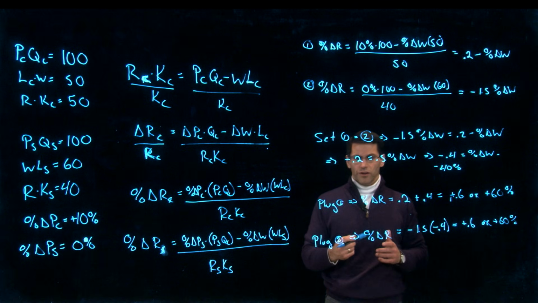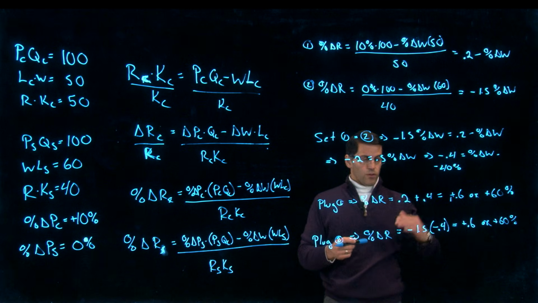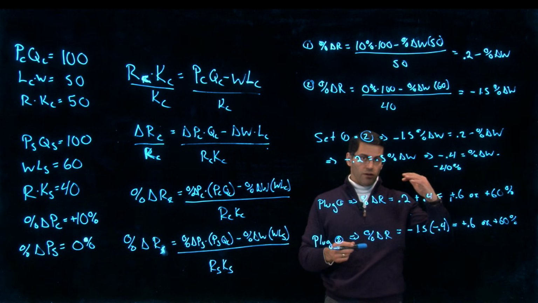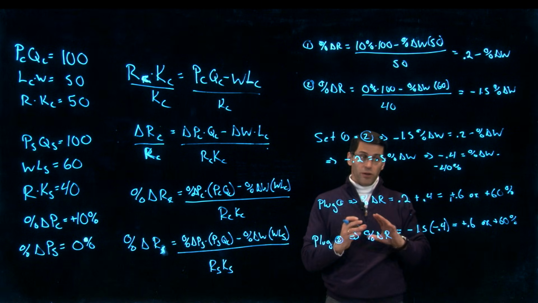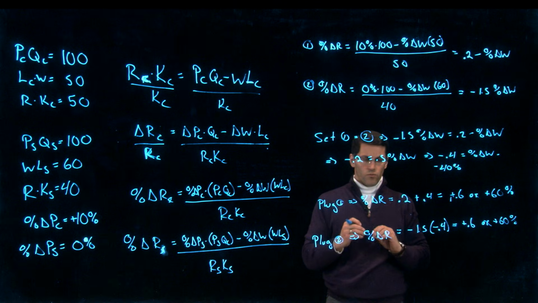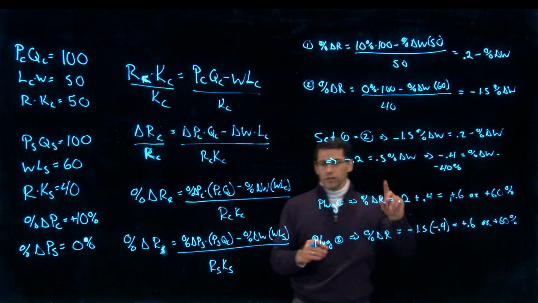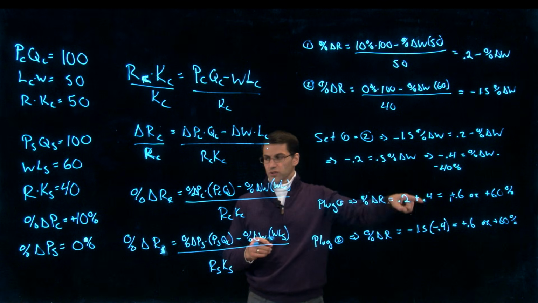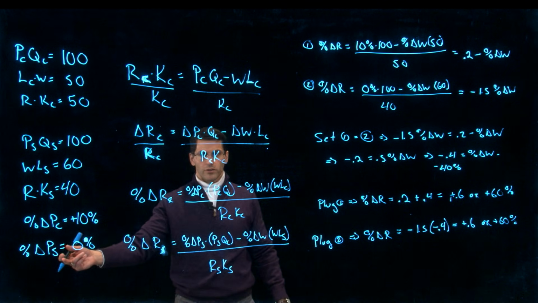So what are we seeing here? We're seeing that the wage rate fell, right? And it fell by quite a bit, fell by 40%, and the rental rate increased by 60%. Let's compare those changes to the changes in our prices. Okay?